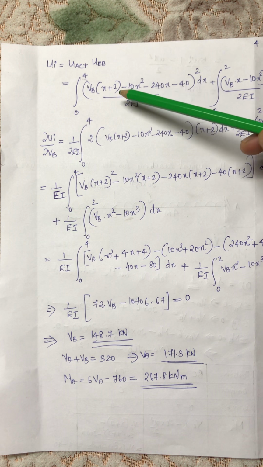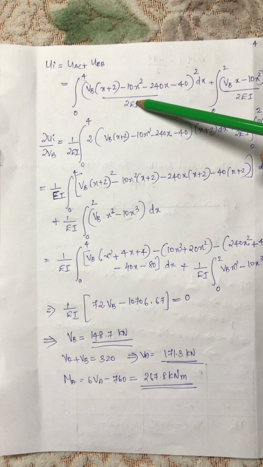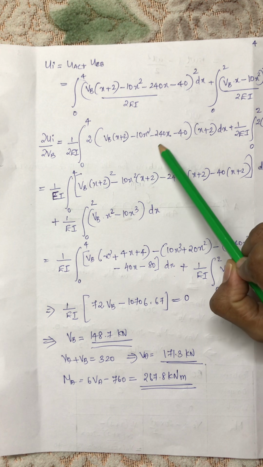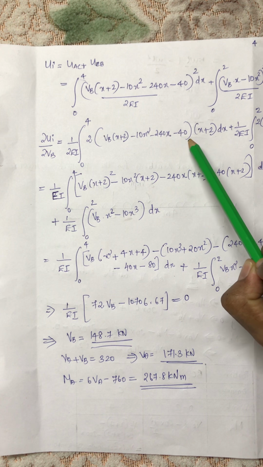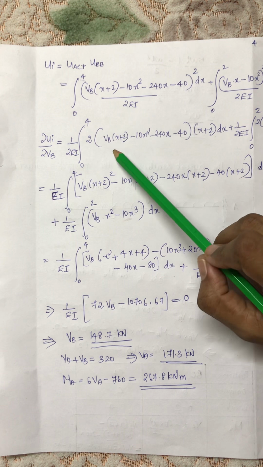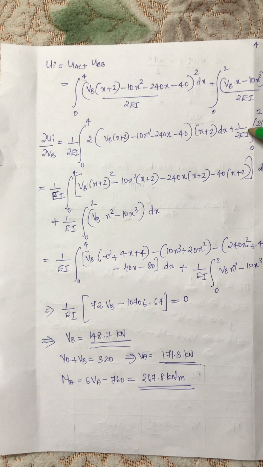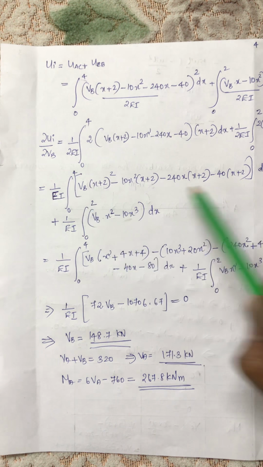Take the partial derivative of this term with respect to VB. That means 2 into (VB into (h plus 2) minus 10h square minus 240h minus 40) into the term along with VB, that is (h plus 2) dx, plus 1 by 2EI integral 0 to 2 of (VB h minus 10h square) into h dx. That's equal to 0.